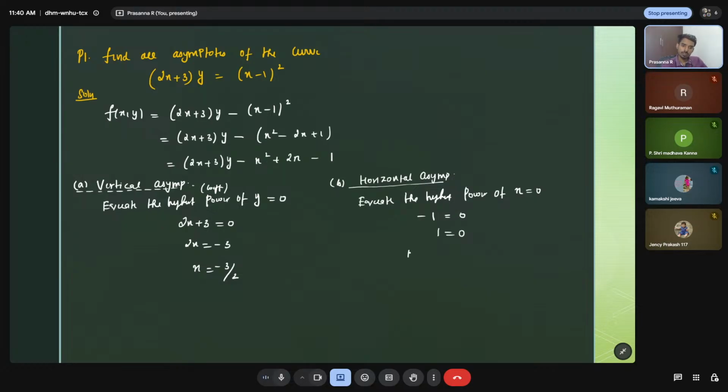So 1 is equal to 0, which is not possible. So that means this equation has no horizontal asymptote, right? This equation has no horizontal asymptote.